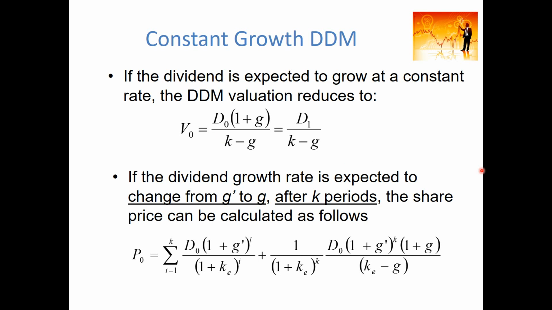So if we can assume that there is a constant dividend growth rate, G, then the value of the stock today is going to be D0, which is the most recent dividend, multiplied by 1 plus G, divided by the required rate of return minus G. Another way to express D0 times 1 plus G is as D1. So D1 is basically D0 multiplied by 1 plus G, because we are expecting that D0 will be growing at a rate of G.